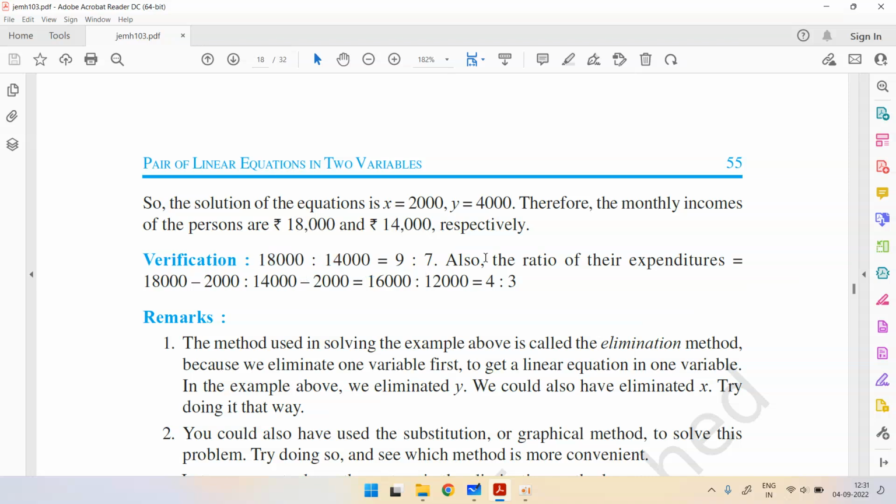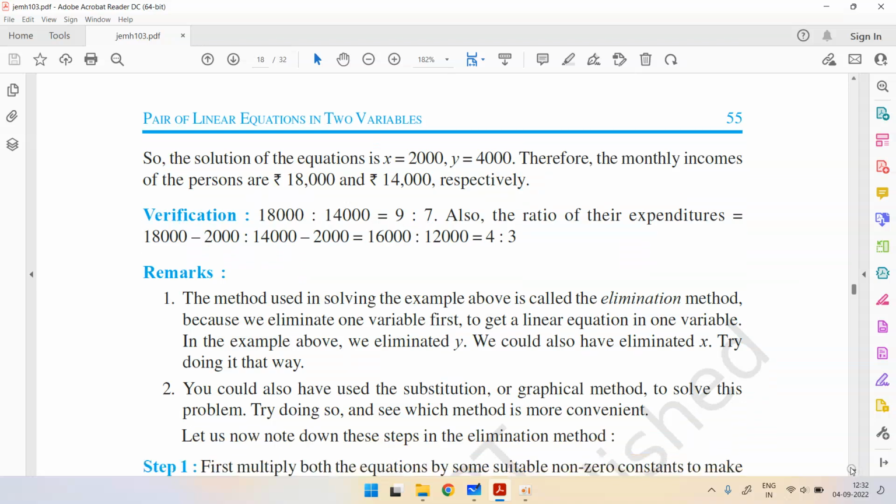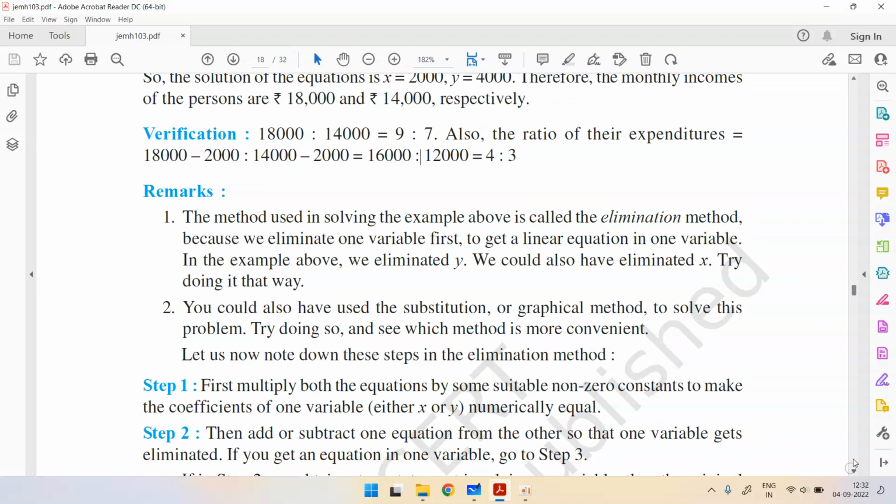This is 9 is to 7. Also the ratio of expenditure: 16,000 by 12,000, which is nothing but 4 is to 3.